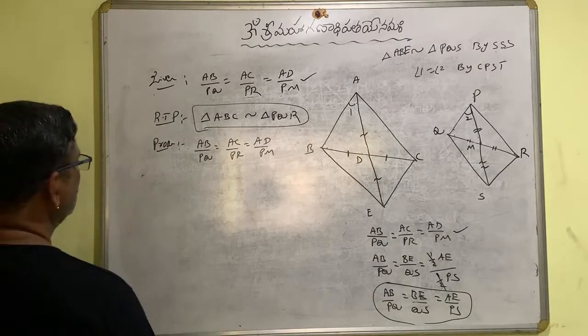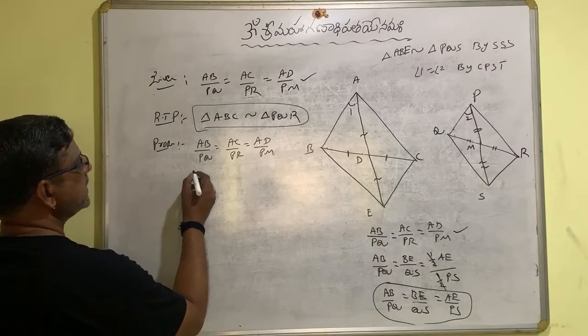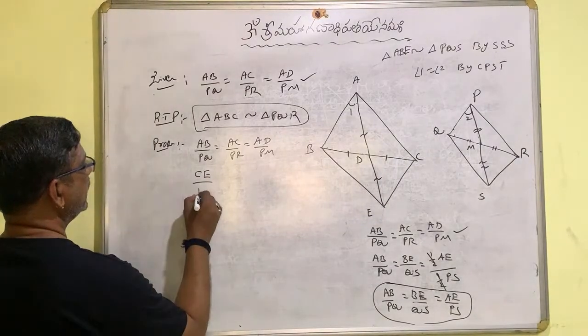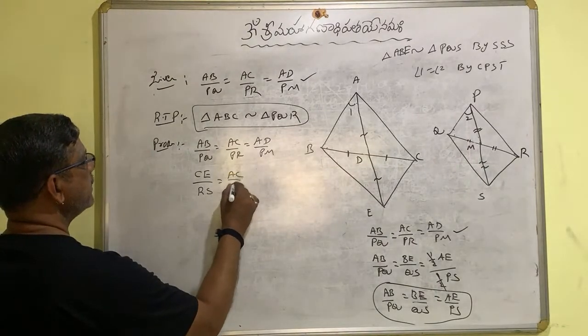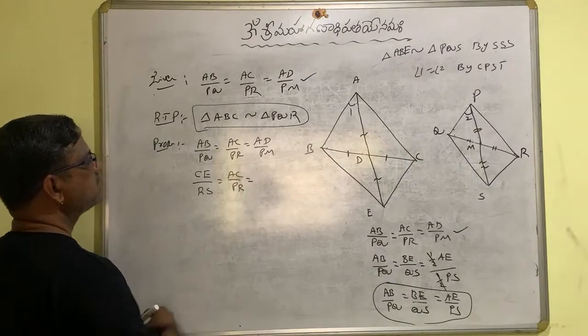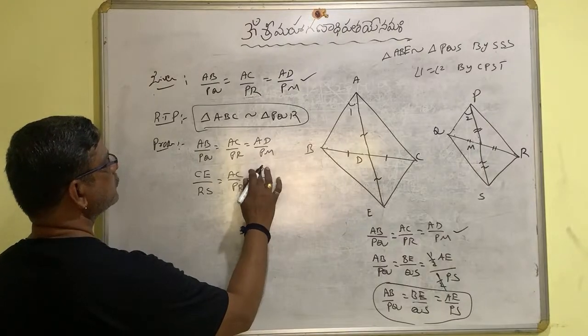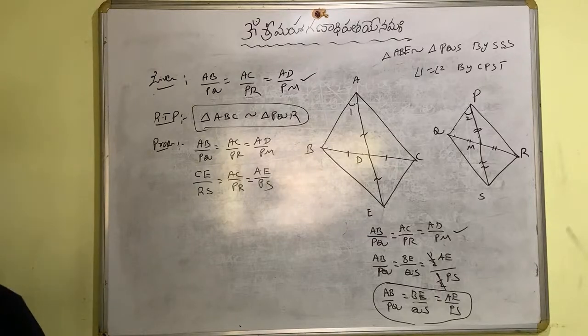Now, again I make some changes. Instead of AB, I write CE, instead of PQ, I write RS, AC by PR, and instead of AD by PM, I write AE by PS, because AD is half AE and PM is half PS, so the halves get cancelled. Directly we can take AE by PS.